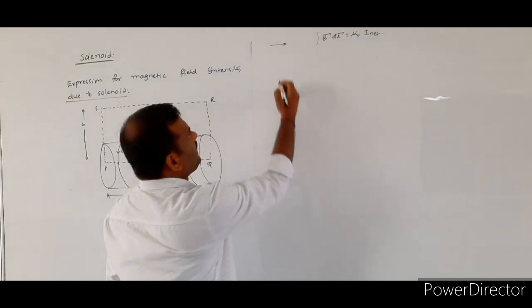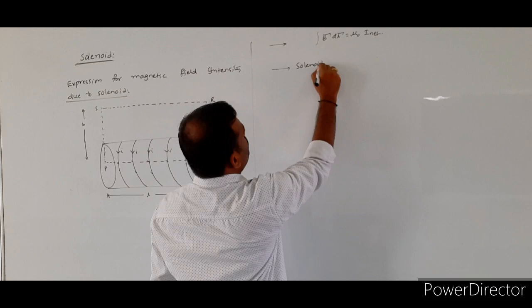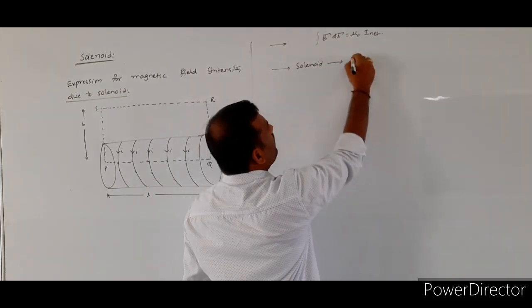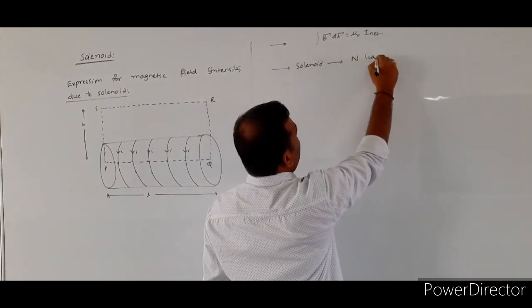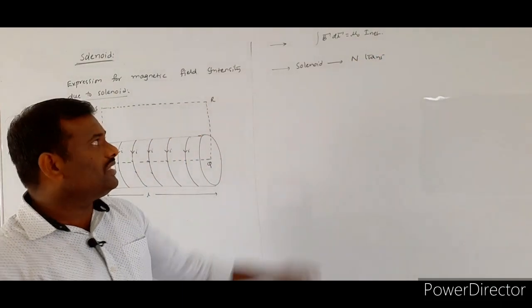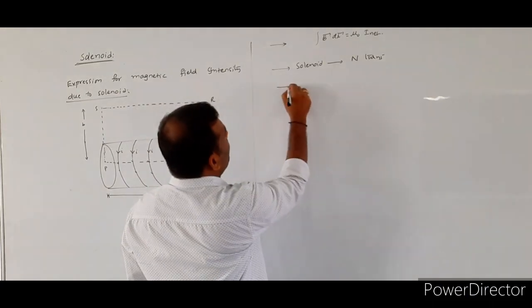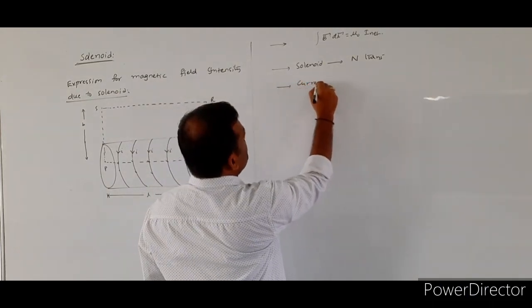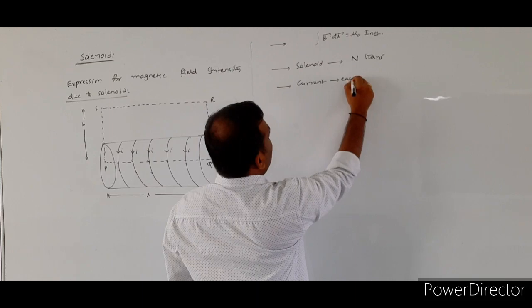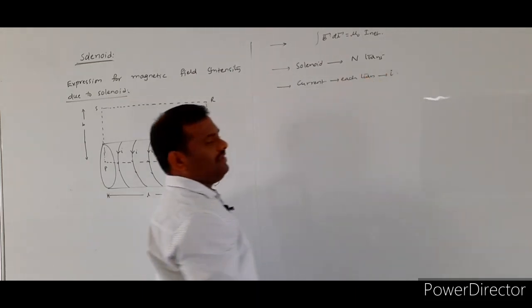Here I am assuming that the solenoid consists of capital N number of turns, and the current through each turn is small I.